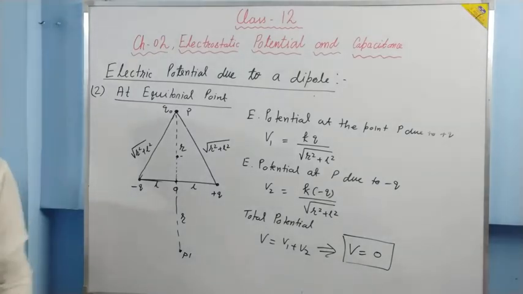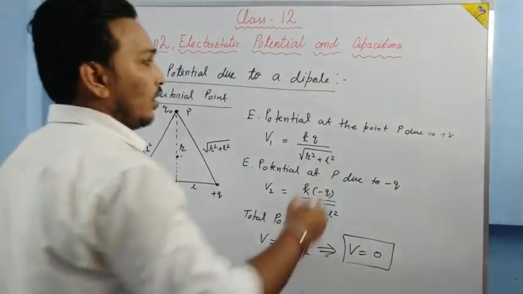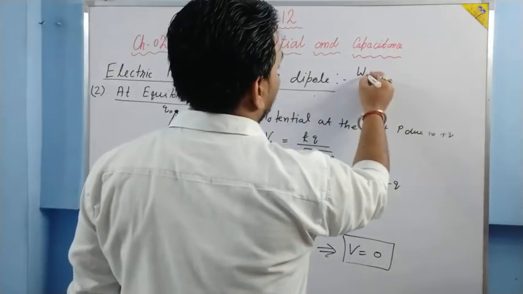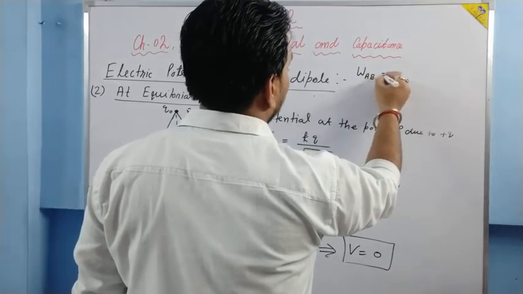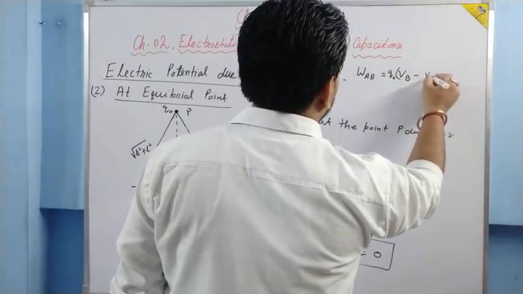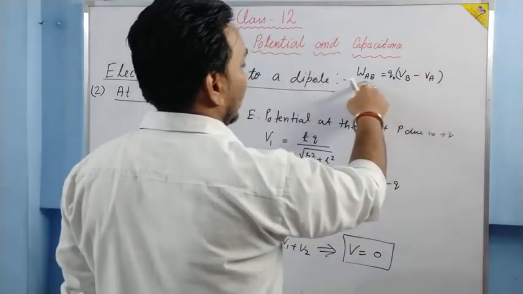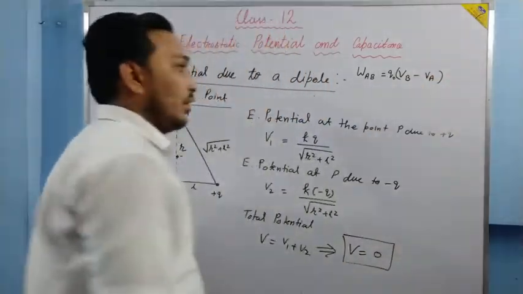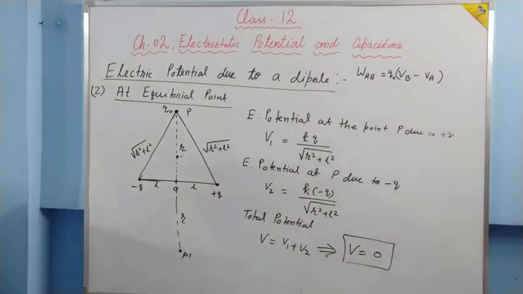Already I have told you yesterday that the work done to carry a charge from a point A to B is given by Q naught times VB minus VA. Remember the order: AB, B minus A. Yesterday I insisted so much.